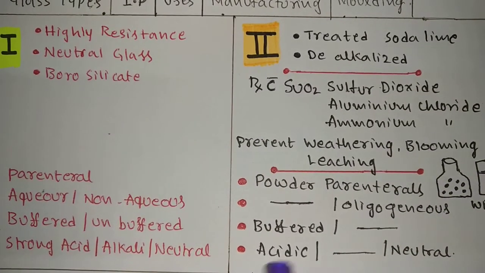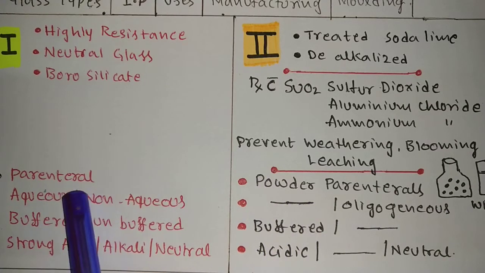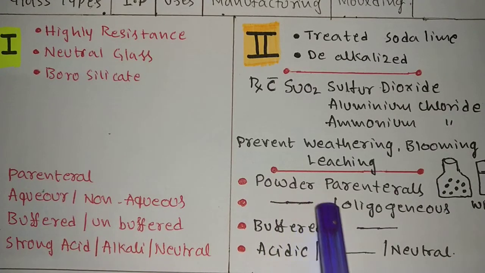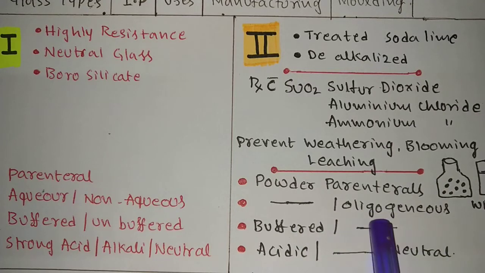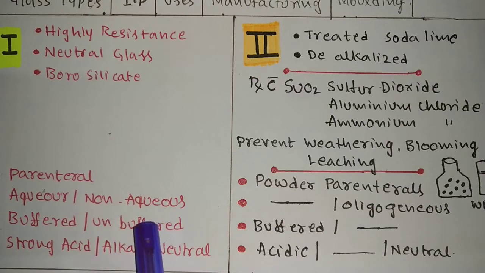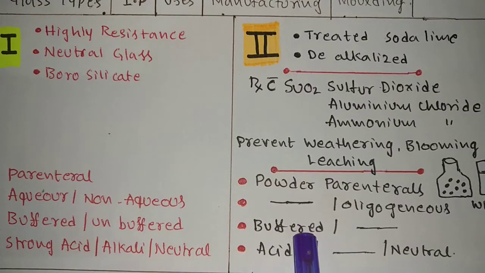Type 2 is used only for the oleaginous and not used for aqueous. That's why I kept here: do not use for aqueous, use only for oleaginous. And for buffered and unbuffered, you can use only buffered parenterals; unbuffered is not suitable for type 2.